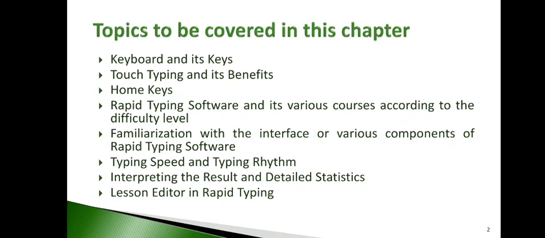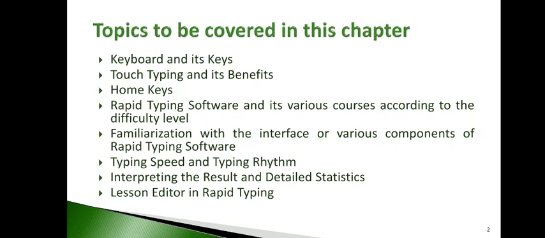After that we will be discussing some concepts on the basis of which our typing performance is calculated, means typing speed and typing rhythm. Then interpreting the result and detailed statistics.